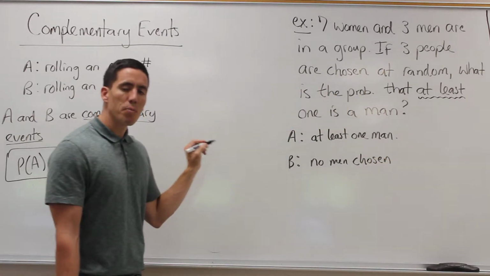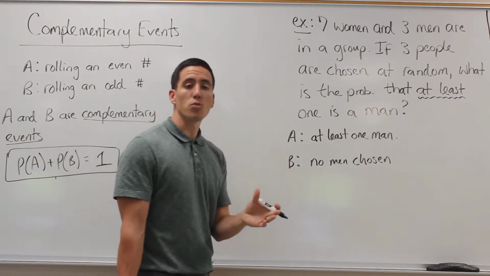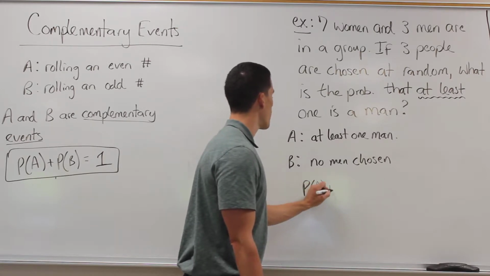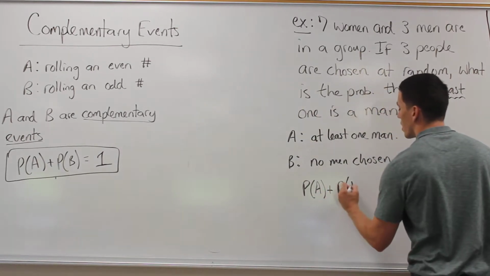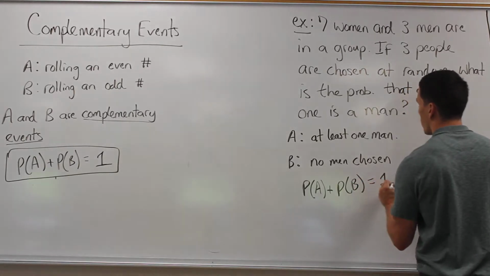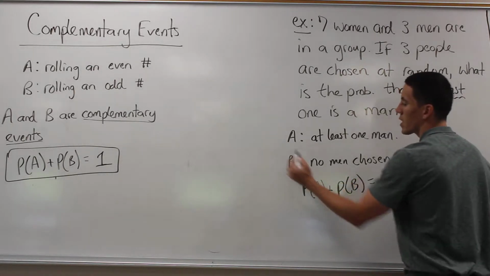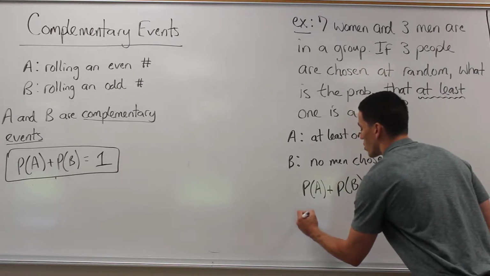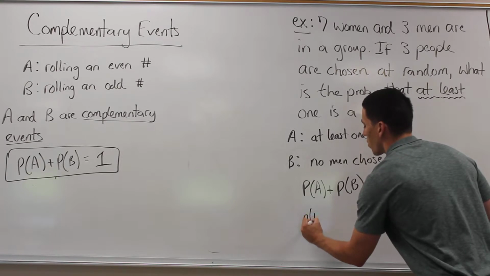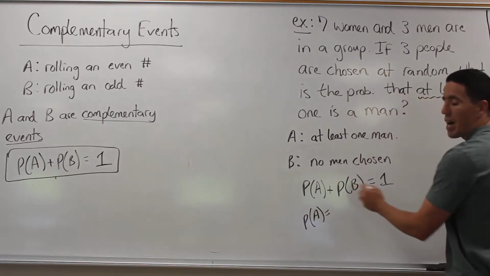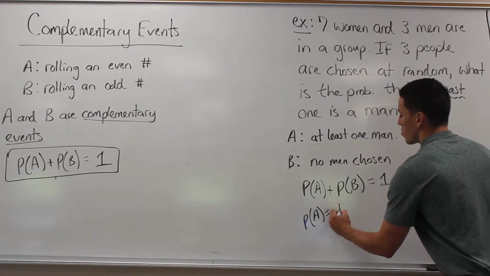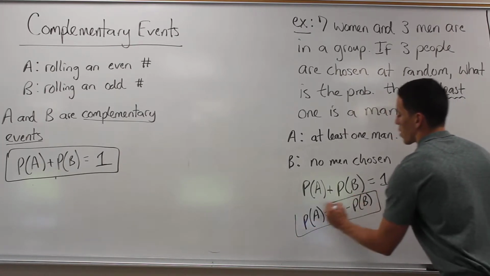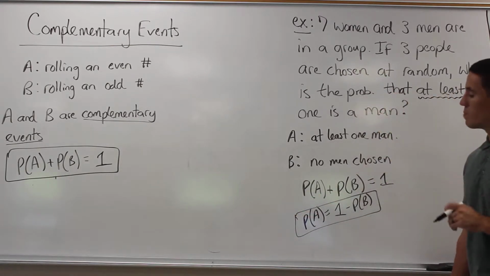If A and B are complementary events, and in this case we've chosen them so that they are, we know with 100% confidence that the probability of A plus the probability of B will be equal to 1. Since we don't want to calculate the probability of A because of its difficulty, we're going to rearrange this equation and say we can figure out the probability of A by finding the probability of B. So I'm going to subtract the probability of B from both sides, and this is ultimately the equation that we're going to use to solve the problem.